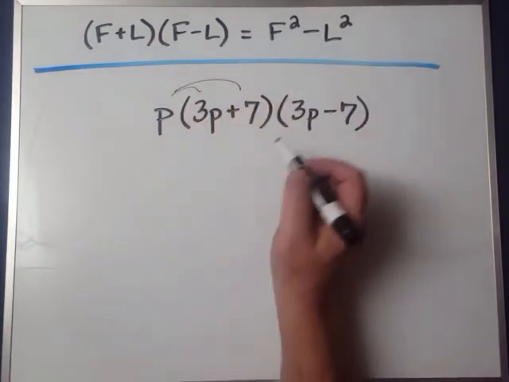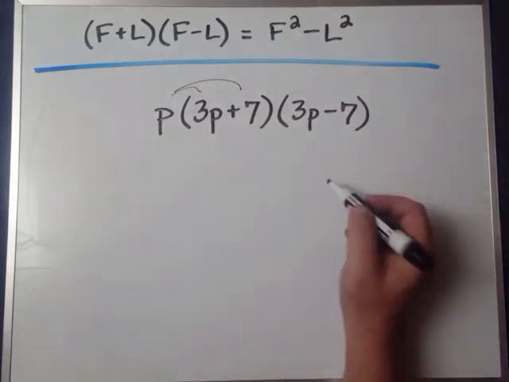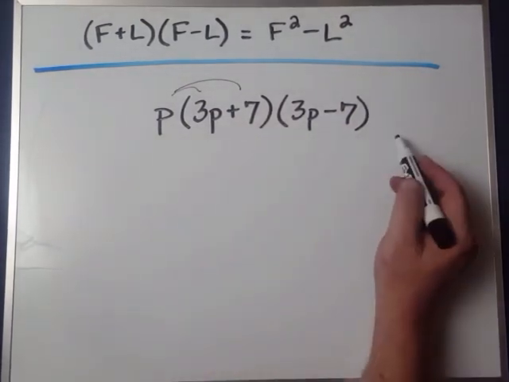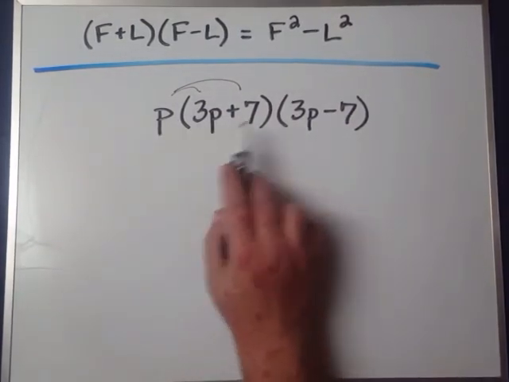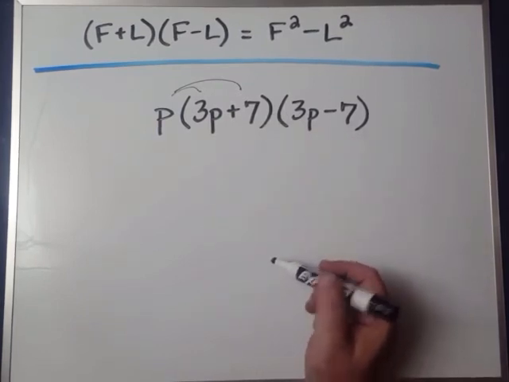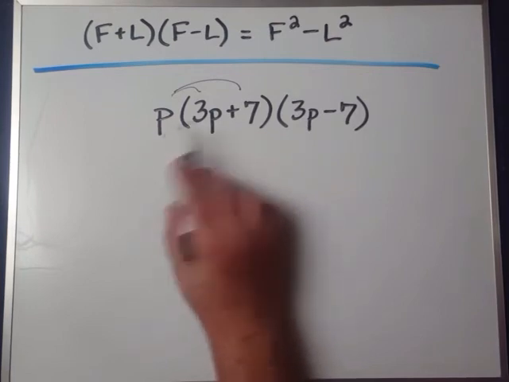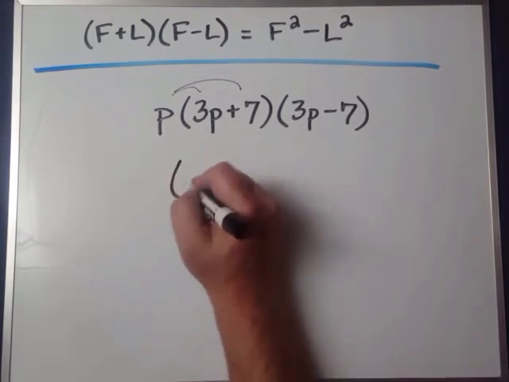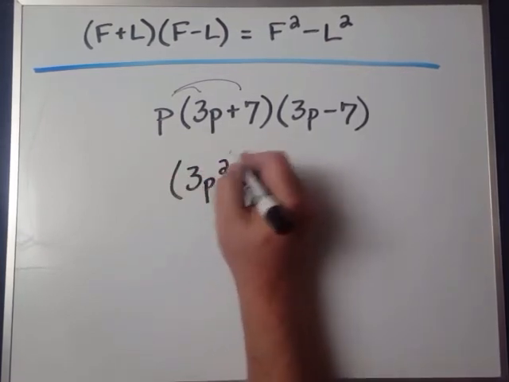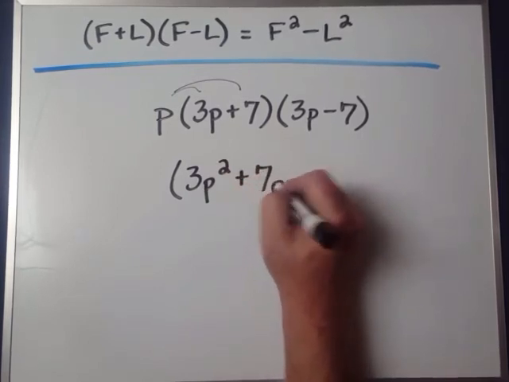And there's nothing wrong with that. I'm not violating the order of operations. This is all multiplication. A monomial times a binomial times a binomial. So I'm going to choose to multiply the monomial times this binomial first, and that's just distributing. That will give me 3p squared plus 7p.